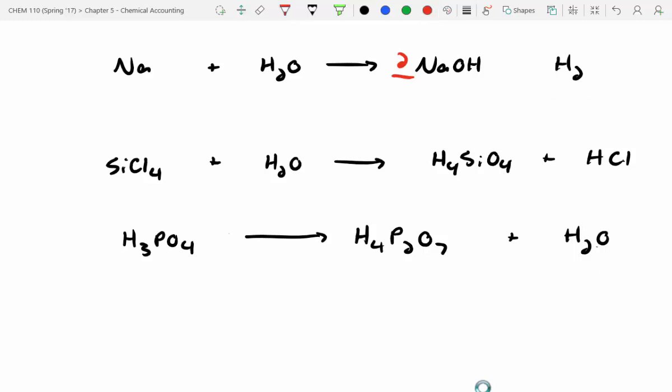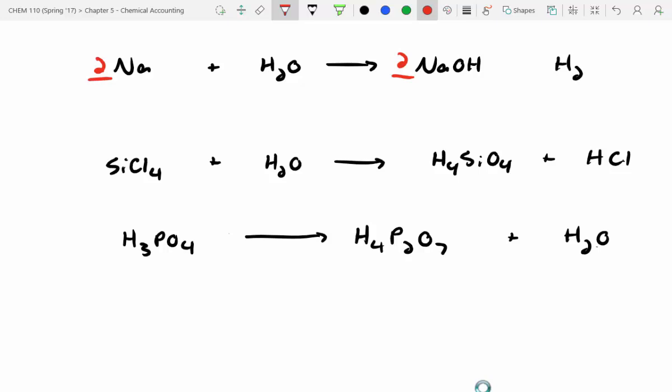Okay, so now if we go and look at it, we've got 2 sodiums on the right, but only 1 on the left. So we probably want to double the sodium on the starting material side. Okay, so now our sodiums are balanced. Now if we look at our hydrogens, we've got 2 on the left, and we've got 4 on the right. So we probably want to double our water.